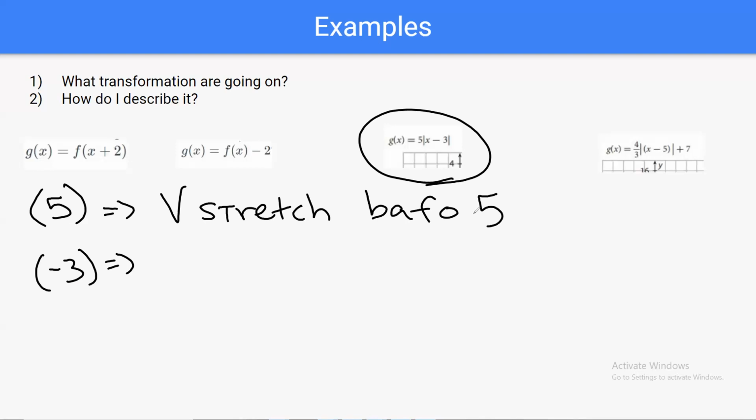How about the -3 on the inside? Inside, so it's a horizontal shift, because we're adding or subtracting. 3 units. Up, down, left, right. To the right.